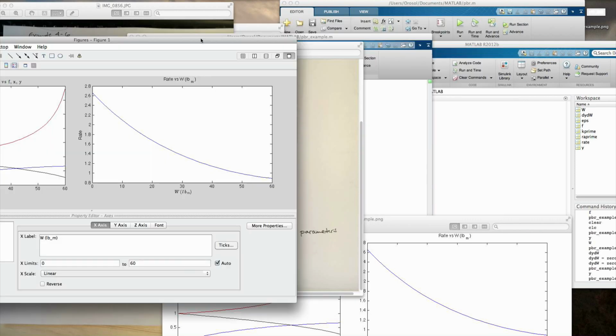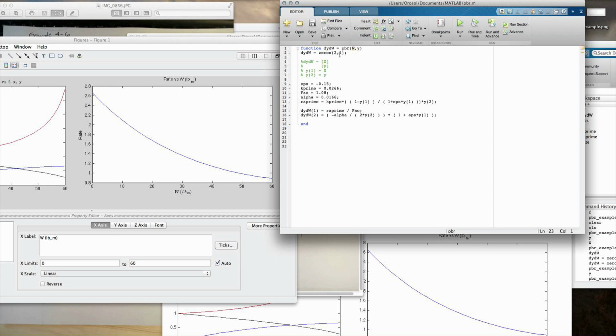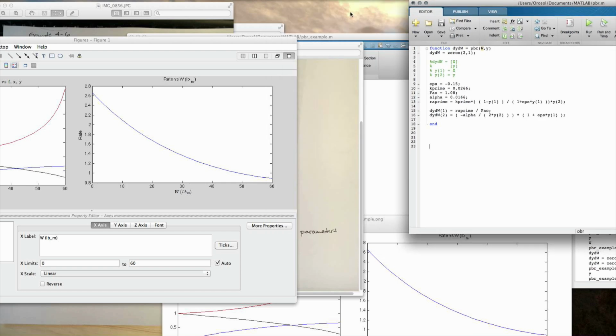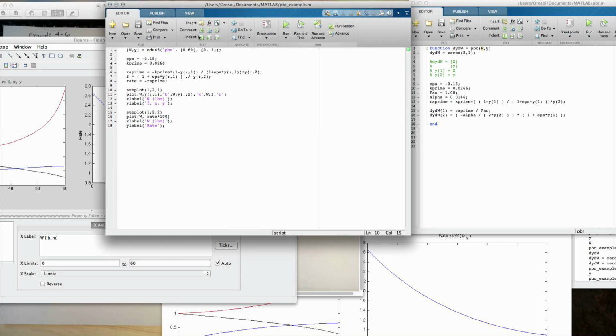Then in MATLAB we first write a function that calculates the right-hand side, and then we run ODE45, which is a built-in MATLAB function to solve ODEs, and we send in the function that we wrote that calculates the right-hand side.